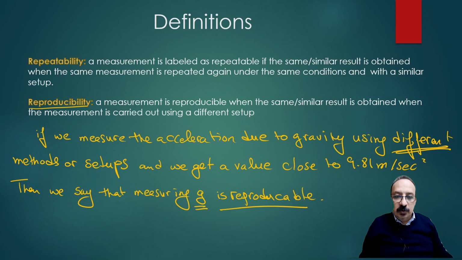Reproducible means that if someone does the same measurement for a certain variable using a totally different method, and they get a comparable result as you did, then your measurement is reproducible.